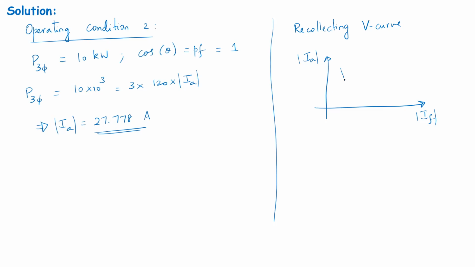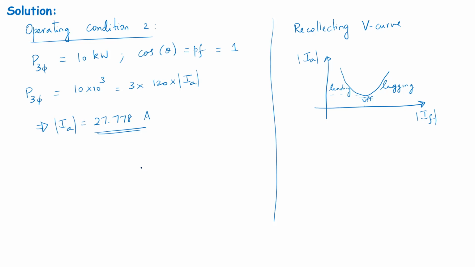And we know that it has the shape of a V with the minimum value of IA happening at unity power factor. So this is the unity power factor condition. To the right of that is the lagging power factor condition, and to the left of that is the leading power factor condition. So this is lagging and this is leading.